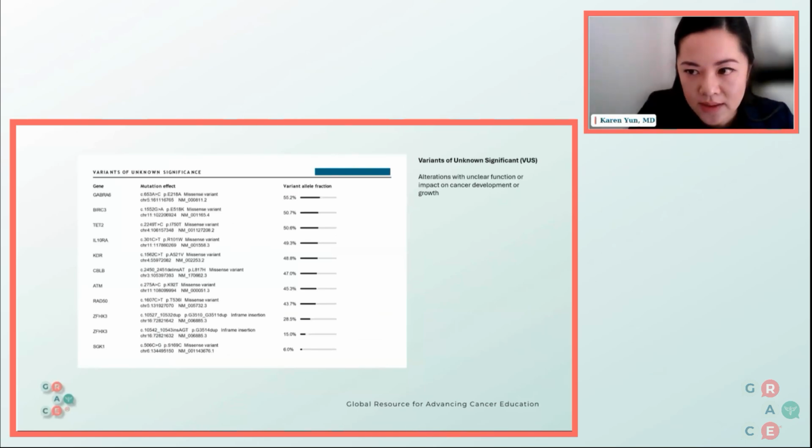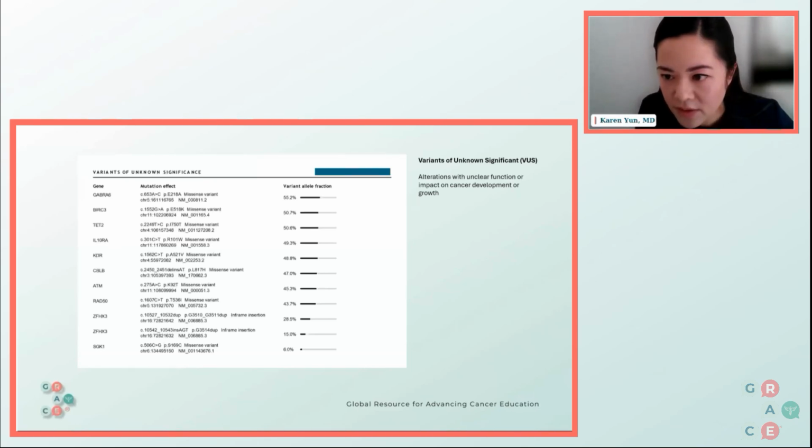The other section that I wanted to go over that shows up in the molecular testing report is a section that will highlight mutations that fall under the category of variants of unknown significance. Basically, when we're performing sequencing of the tumor, we can pick up a lot of other molecular alterations, but there's a lot of alterations that we still don't know what the role is in cancer development and growth.